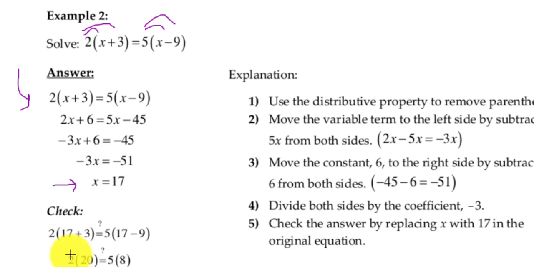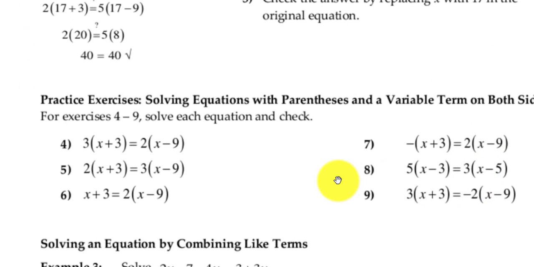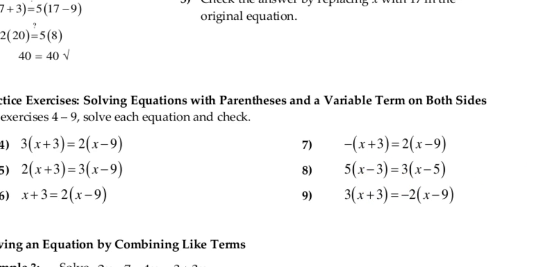I'd like to practice a few of these problems where we have parentheses and variables on both sides of the equal sign. Let's look at number 4. I'm going to rewrite number 4 on the right side of my board.